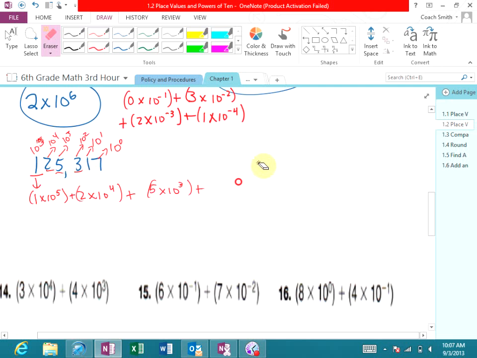Oops, I did it the other way. Then we take the 1 times 10 to the first, and then we take the 7 times 10 to the 0. Now, that's how you write that in expanded form with exponents, or in powers.